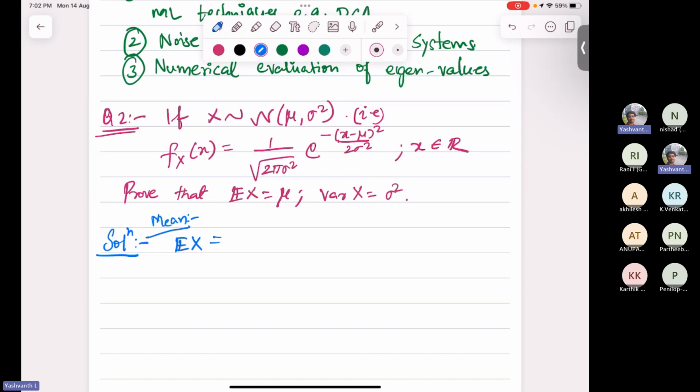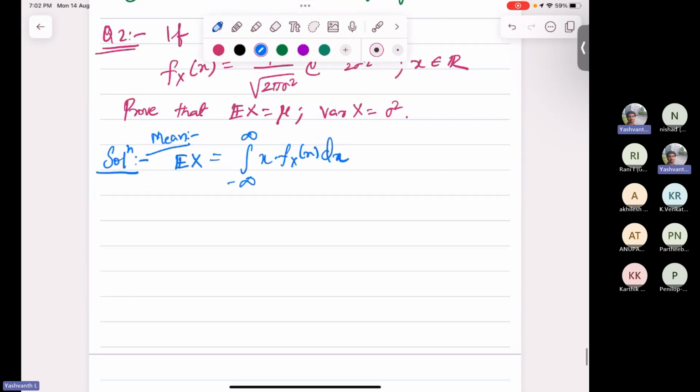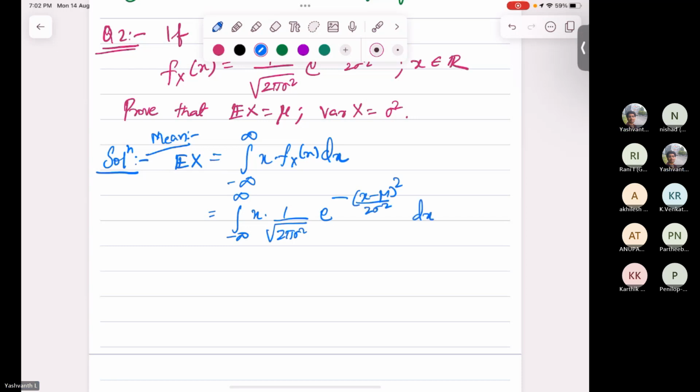So by definition, E of X is nothing but minus infinity to plus infinity x into f_X(x) dx. So substituting for f_X(x), minus infinity to plus infinity, x into 1 by root 2 pi sigma square e power minus (x minus mu) whole square by 2 sigma square dx.